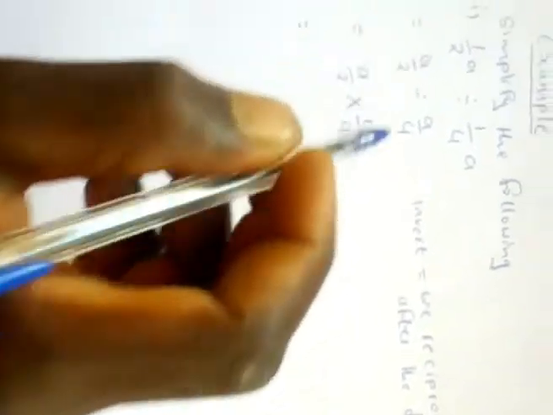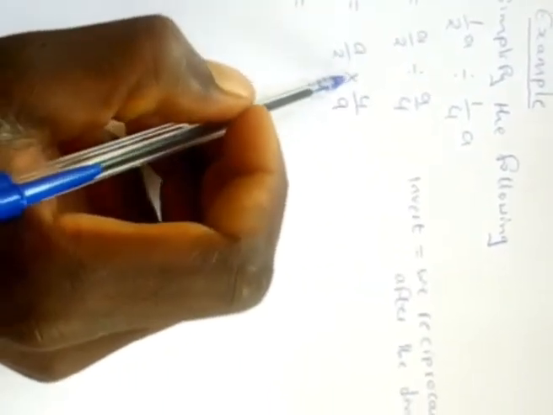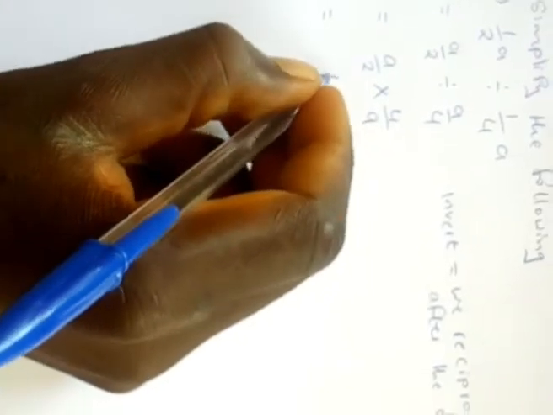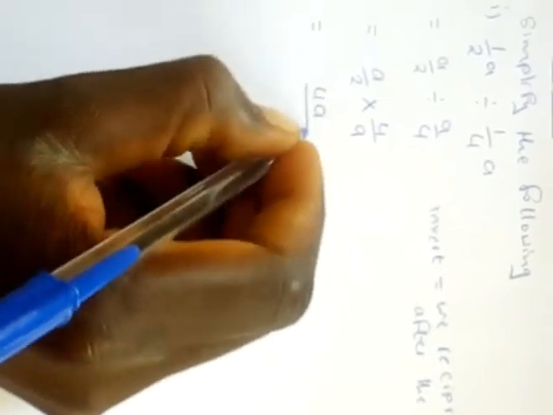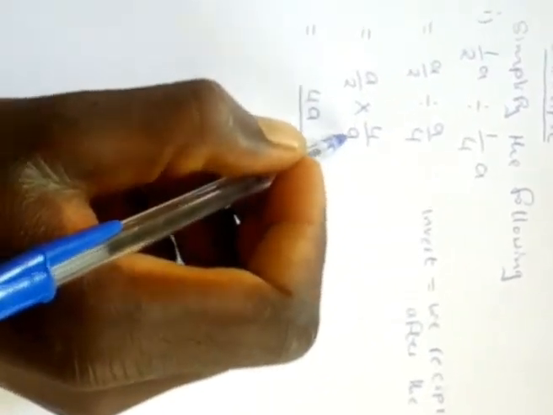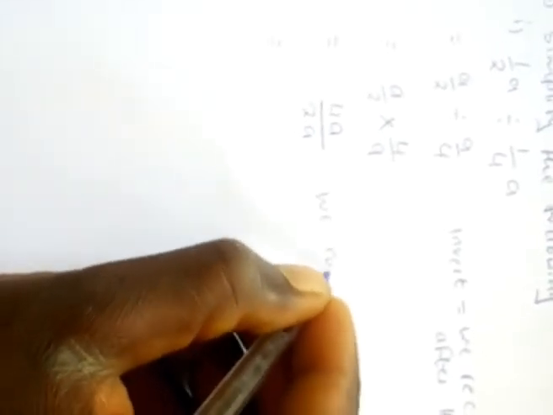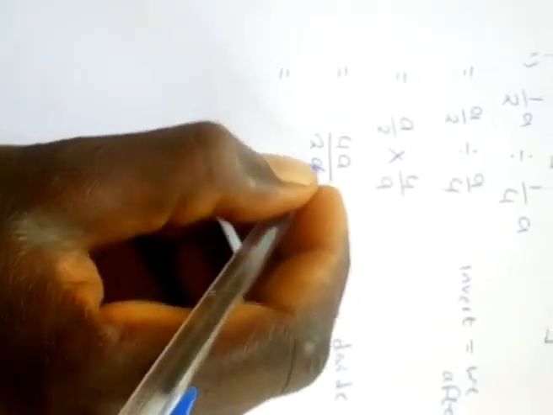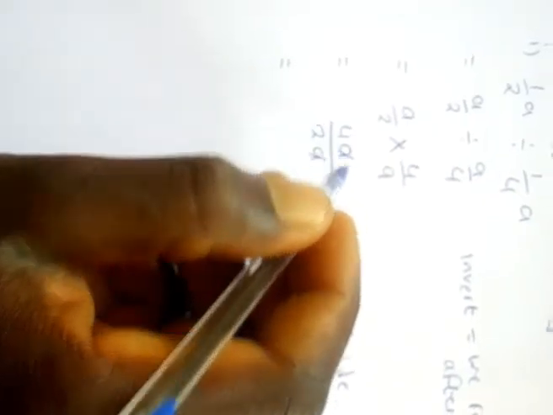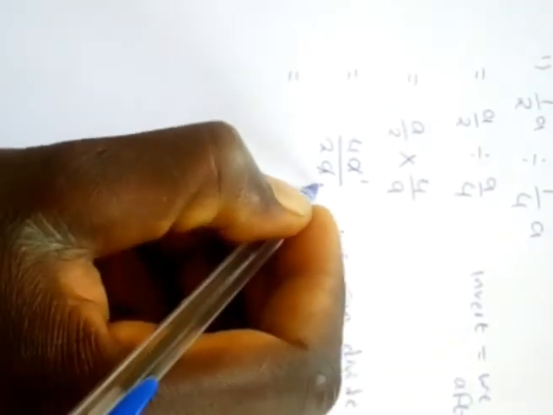From there, we can now multiply: a times 4 gives us 4a, out of 2 multiplied by a, which gives us 2a. Then we can divide. Since those are like terms and we have common factors, the letter a divides with the letter a, giving 1 and 1.